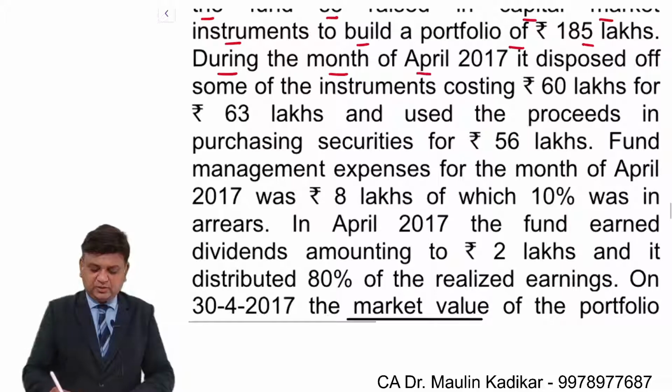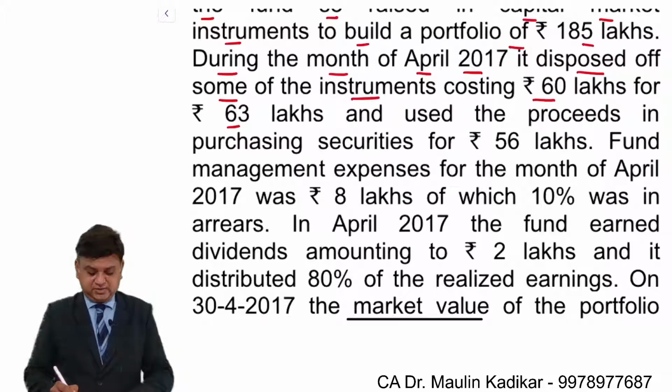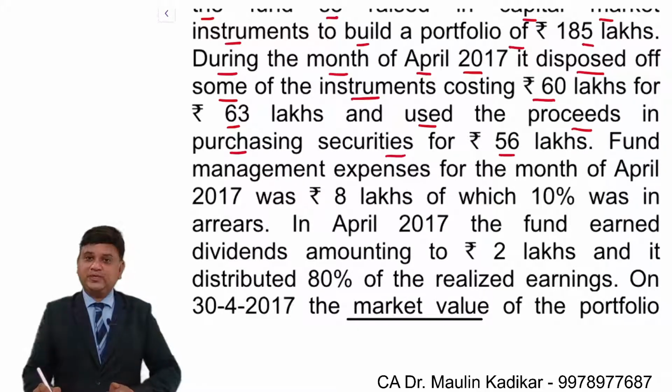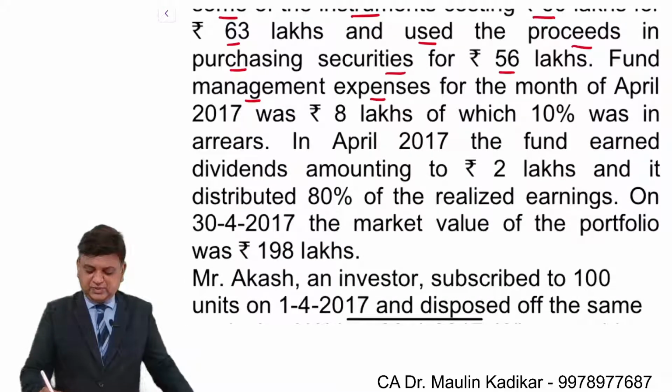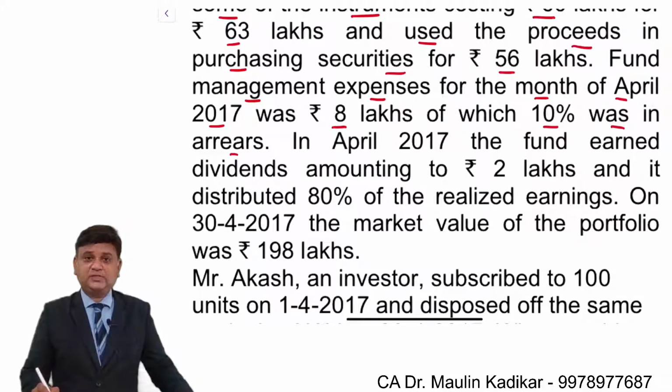During the month of April 2017, it disposed of some of the instruments costing 60 lakhs for 63 lakhs and used the proceeds to purchase securities of rupees 56 lakhs. The fund management expenses for the month of April 2017 were 6 lakhs, of which 10% was in arrears.